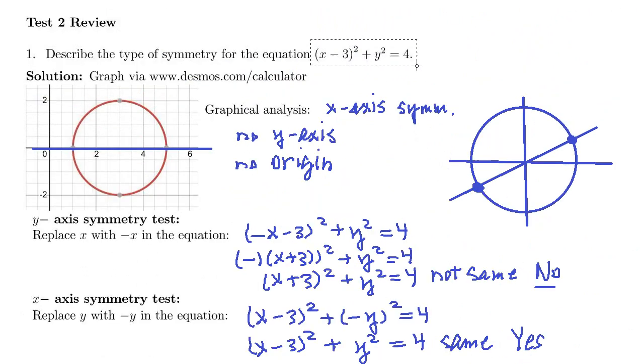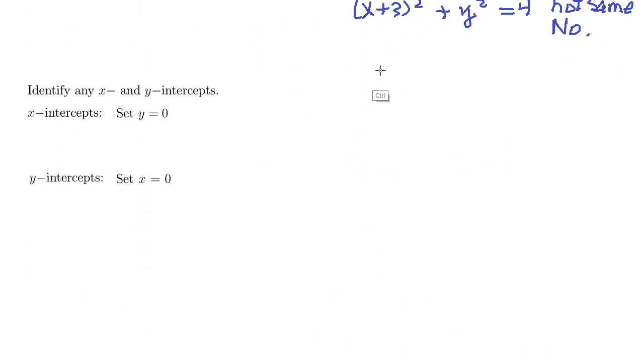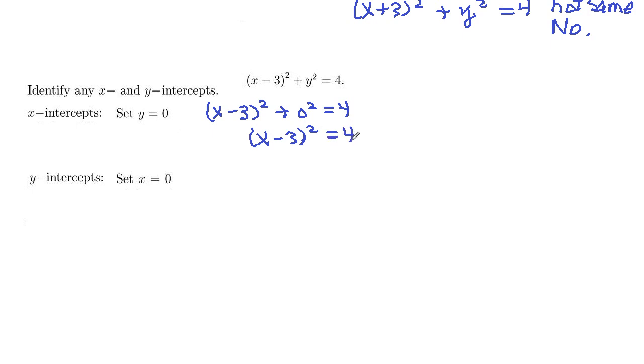So here's our original equation. If you set y equals 0 here, we'll get x minus 3 quantity squared plus 0 squared equals 4, which is really x minus 3 squared is equal to 4.